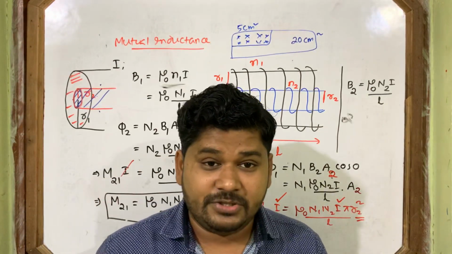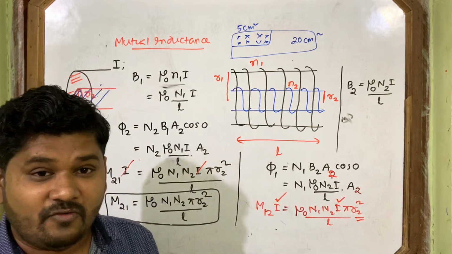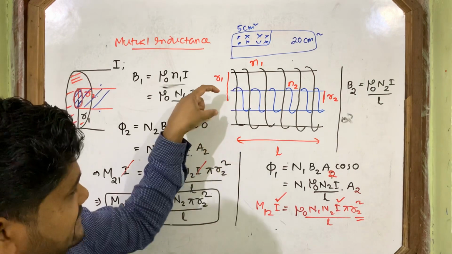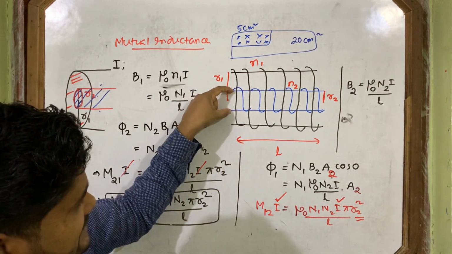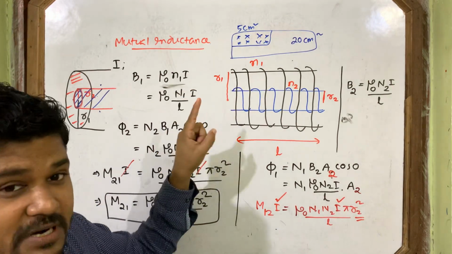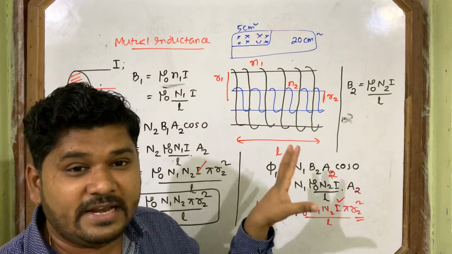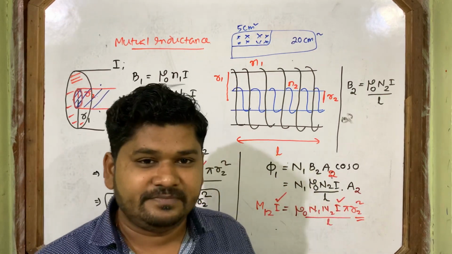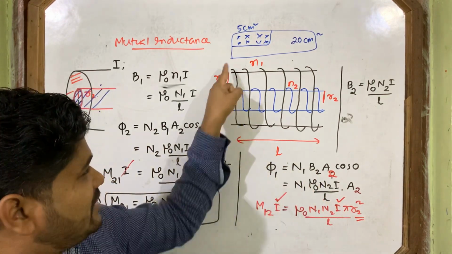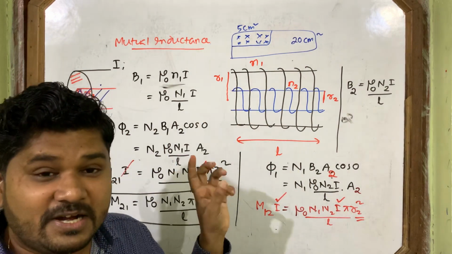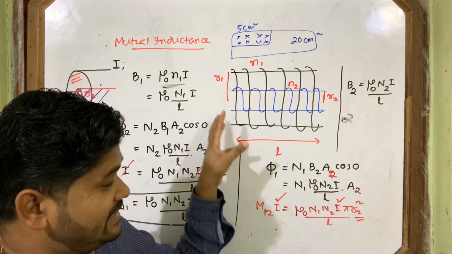I hope you could understand why instead of R1 we will take R2, because the magnetic field is only present within this much area of cross section. It has large area, but there is no magnetic field in the whole area. In how much area magnetic field is there, you have to take only that much. So while calculating flux with the outer solenoid, you have to take also the common area of the inner solenoid.